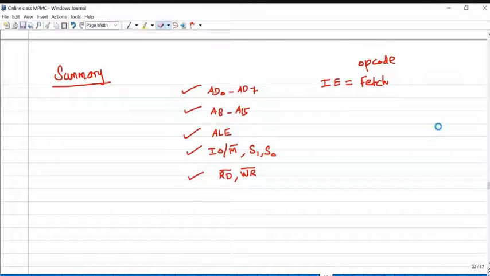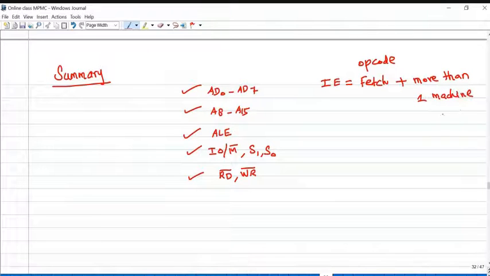So in general, one instruction execution cycle may have one opcode fetch machine cycle plus more than one machine cycle. What do we mean by machine cycle?